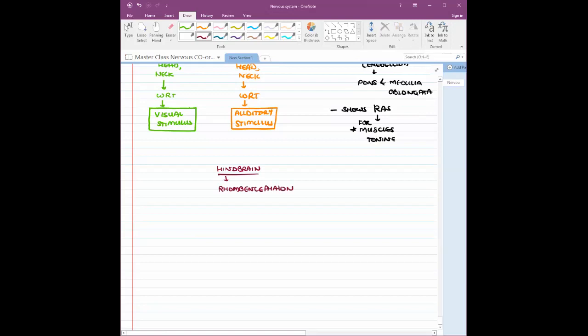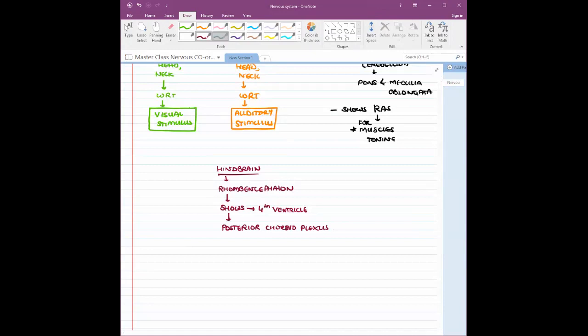And one of the most important things, what is this going to show you? This shows the fourth ventricle. Just keep this in mind. Plus, one more thing, we are going to see in the fourth ventricle the posterior choroid plexus. So third ventricle, anterior choroid plexus; fourth ventricle, posterior choroid plexus.